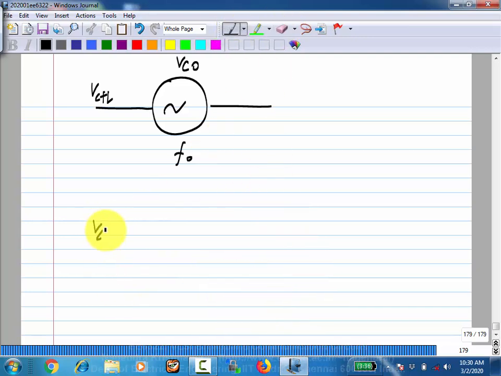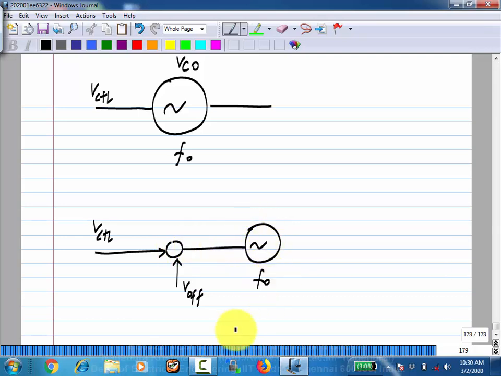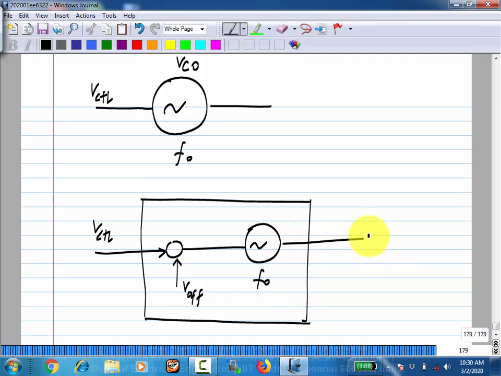So if I have some V control and some V offset here, I add them and supply the sum to the VCO, which has a free running frequency of f0. So if I write the instantaneous frequency here, it will be f0 plus kVCO times (V control plus V offset).